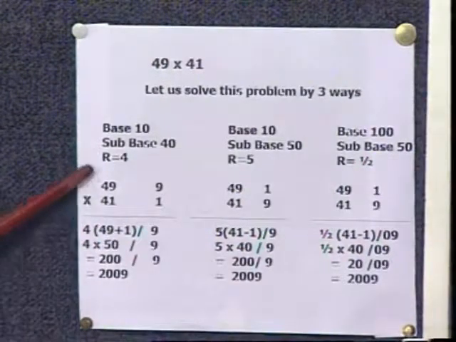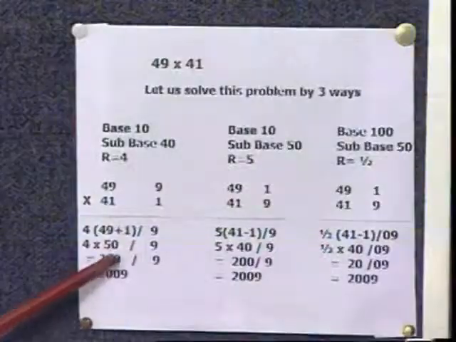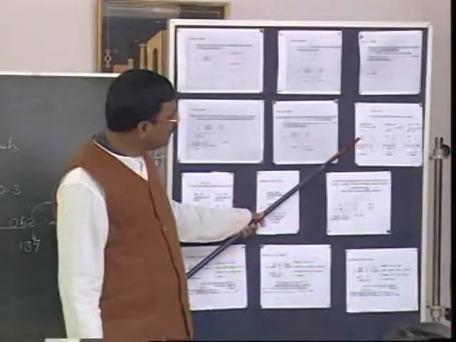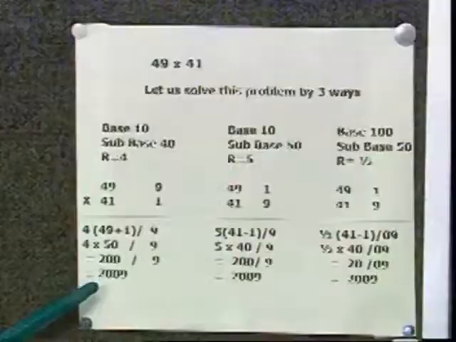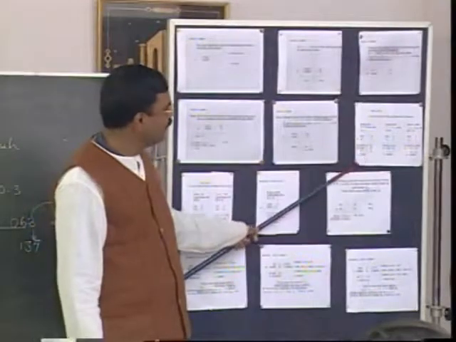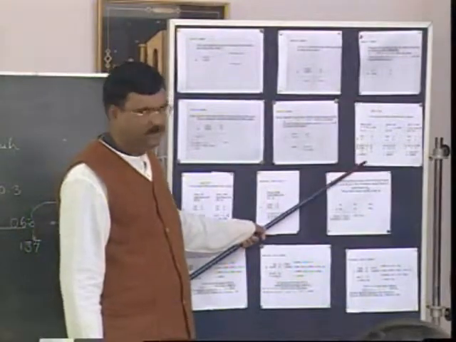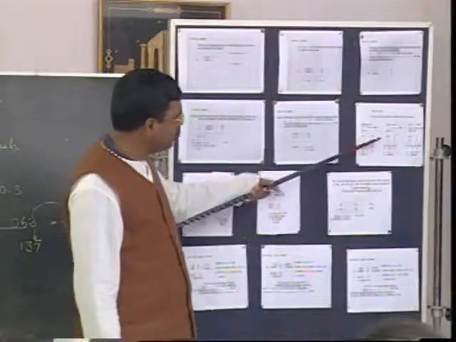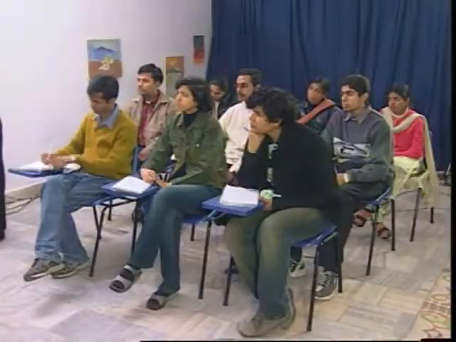Here 50 into 4 you will get 200. That means 49 multiplied by 41 you will get 200 in the left part, 9 in the right part. That means 2009.